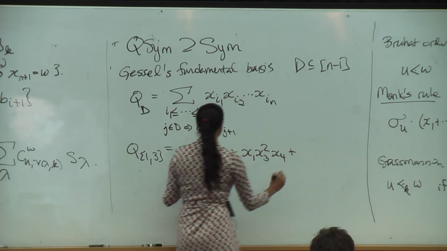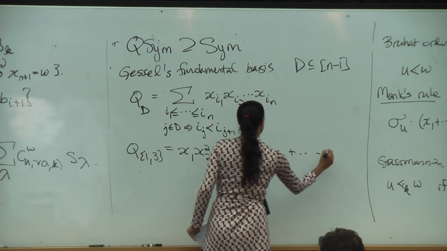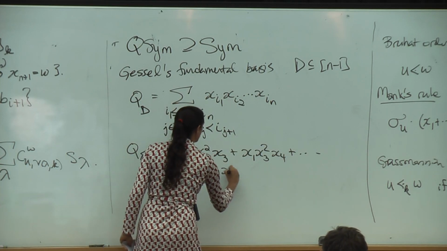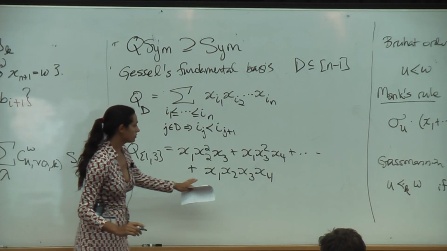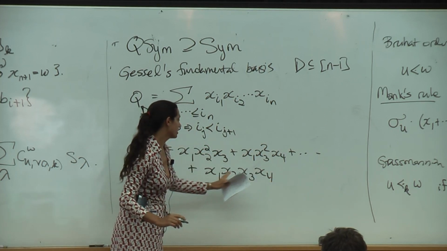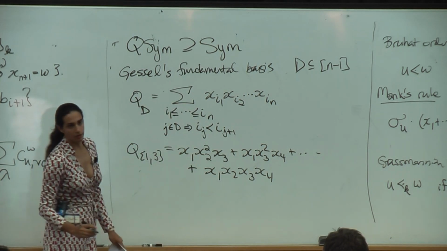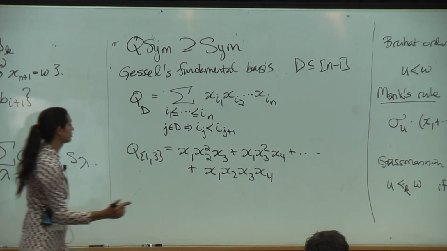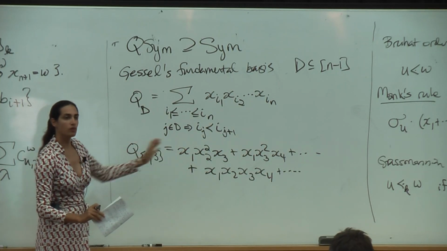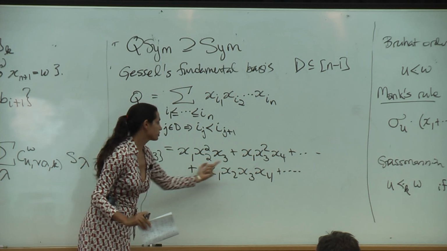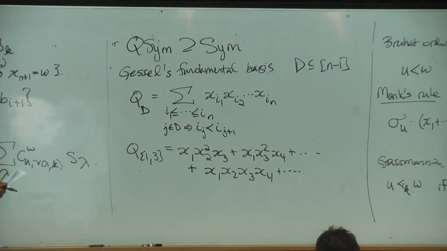Plus, now I doubled up my middle variable, but I didn't have to. So there's plus more stuff, plus x1, x2, x3, x4. And again, if you want more variables, you can just shift out. So x1, x12, x108, x1019, for example, would be a term. So you think of them as shift invariant. You keep the exponents the same, and you just slide along your subscripts, as long as they keep increasing. So that's the quasi-symmetric functions.